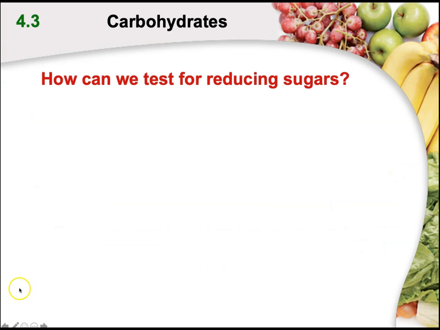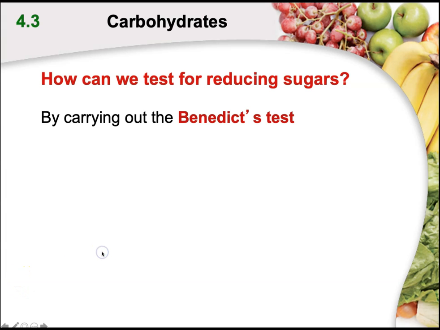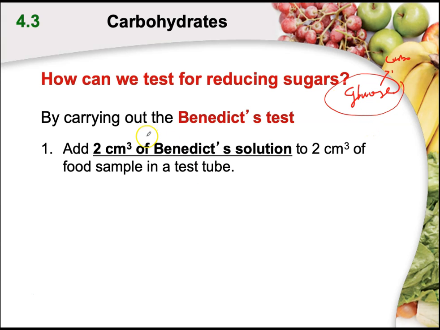So back to your notes, because we must be able to know how to carry out the experiment. So we carry out a Benedict's test to test for reducing sugar. Now, the type of reducing sugar that we usually test is basically glucose. So we always test for glucose, and you know that glucose is a type of carbohydrate. So we will add 2 cm cube of the Benedict solution to 2 cm cube of the food sample.